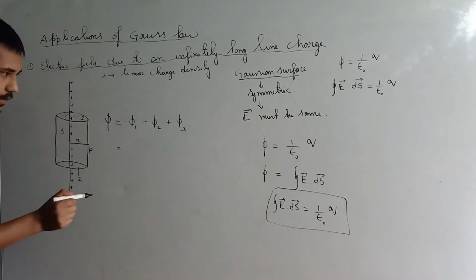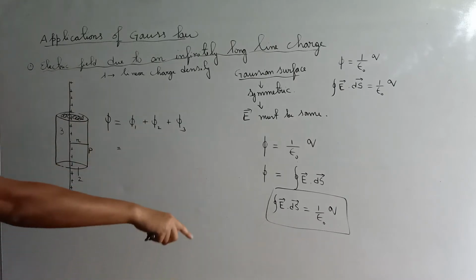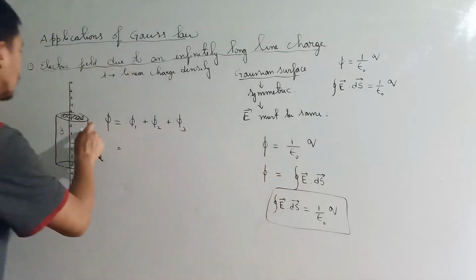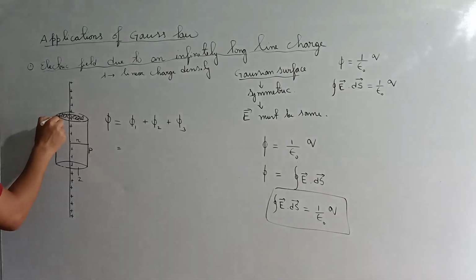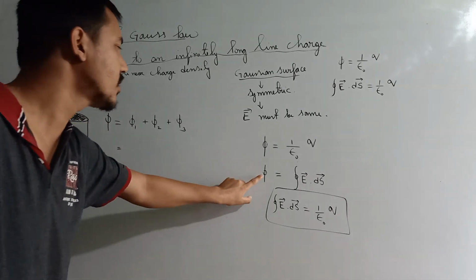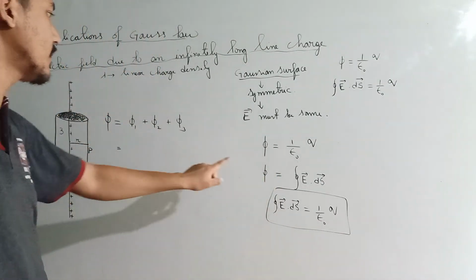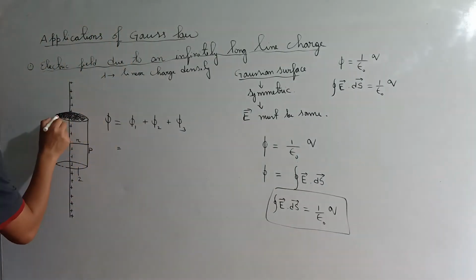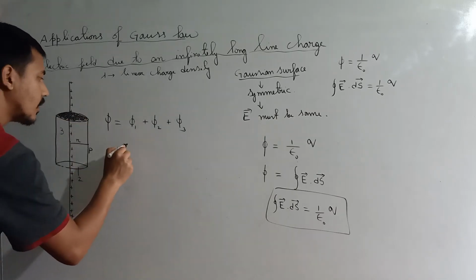Now, the electric flux over this surface 1 will be given by what?